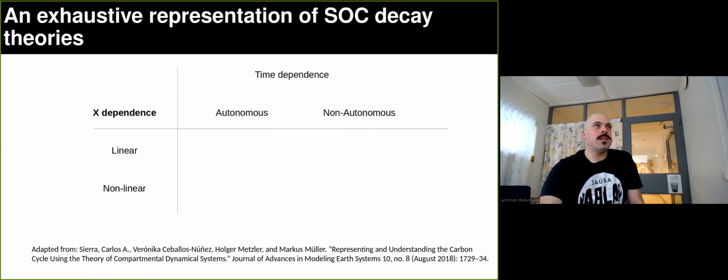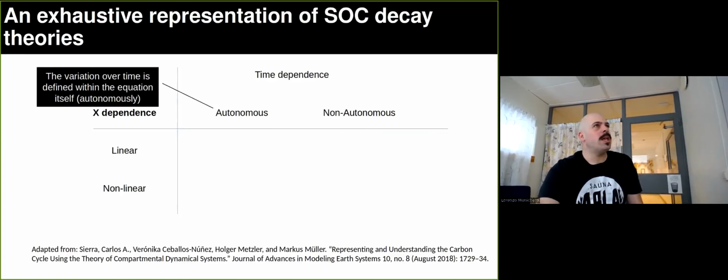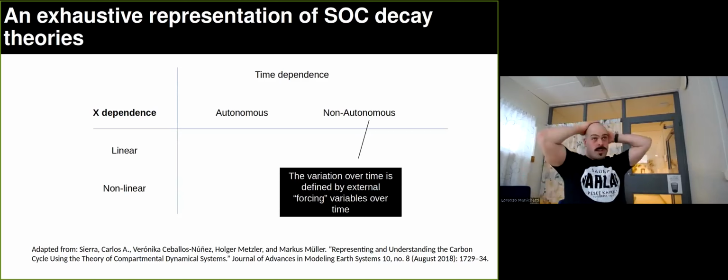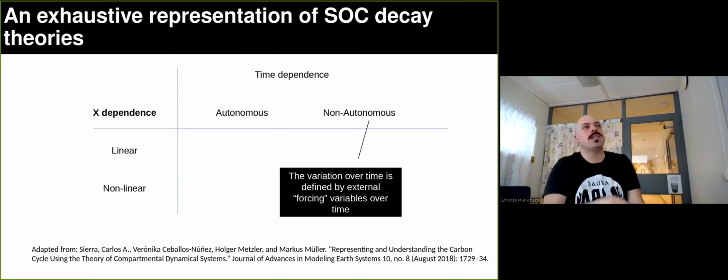Here, just summarizing, very simplistically maybe, but for me it's a nice schema of how to classify the different approaches. Autonomous and non-autonomous: mostly we work with non-autonomous models. I have a lot of forcing variables. It's not true that I work with just one single pulse.